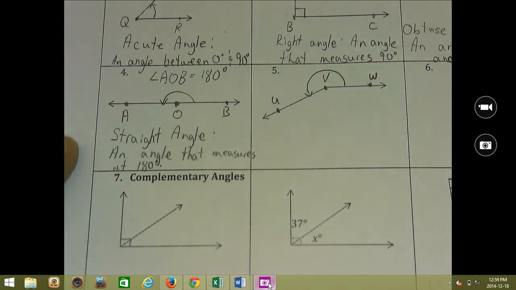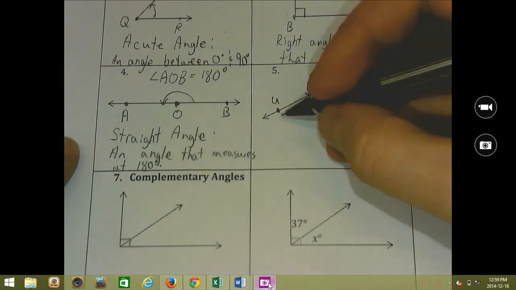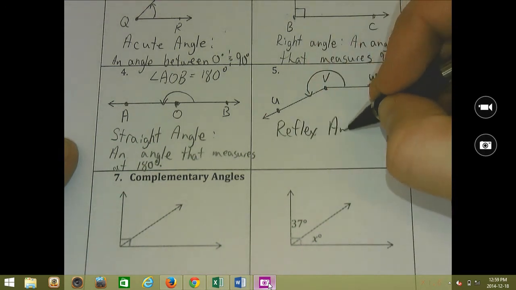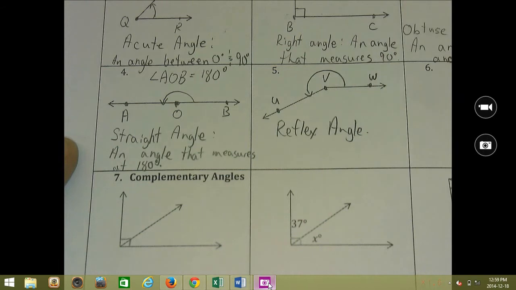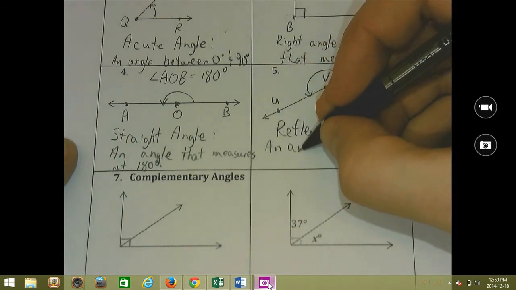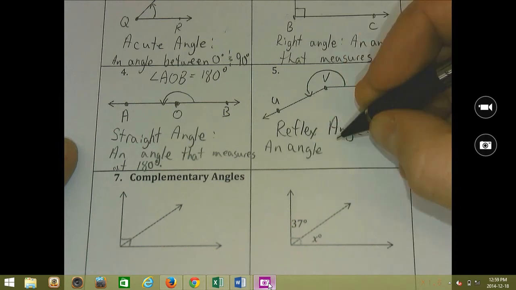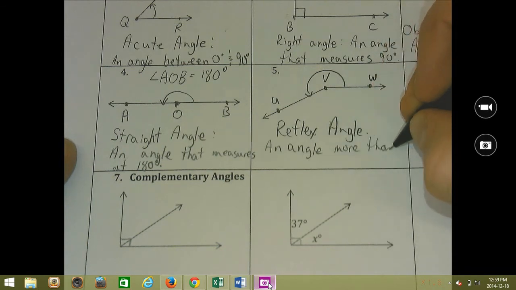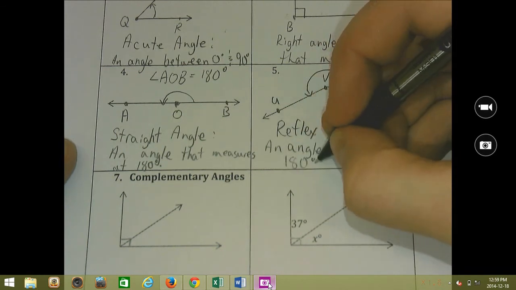And what we call this type of angle is a reflex angle. And a reflex angle is defined as an angle that is more than 180 degrees.